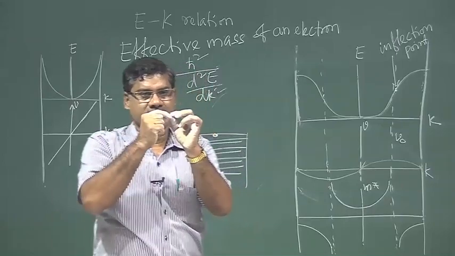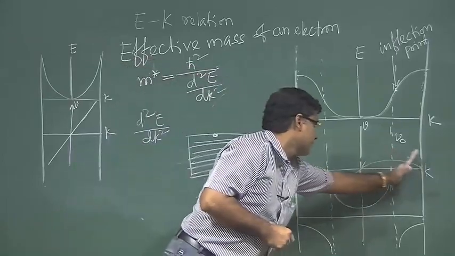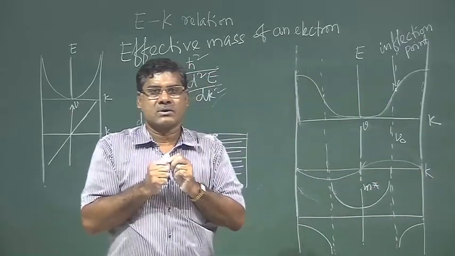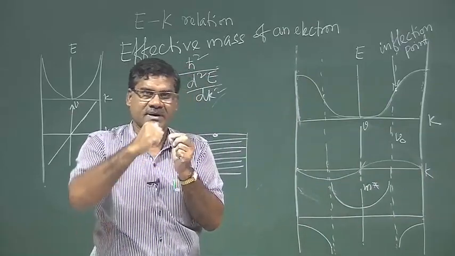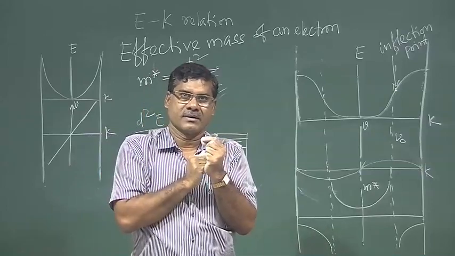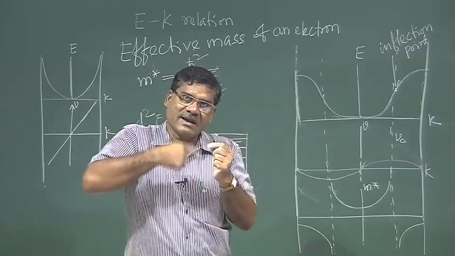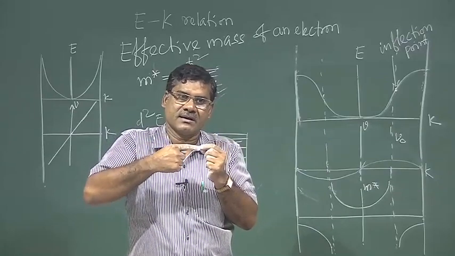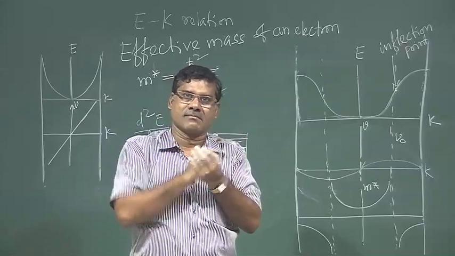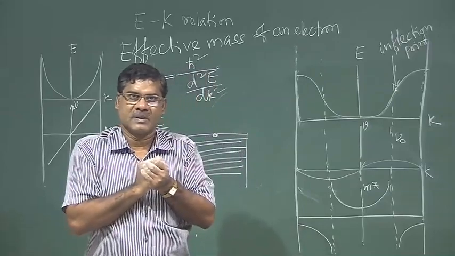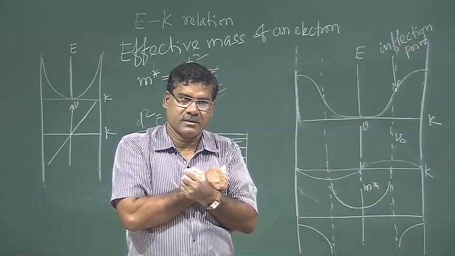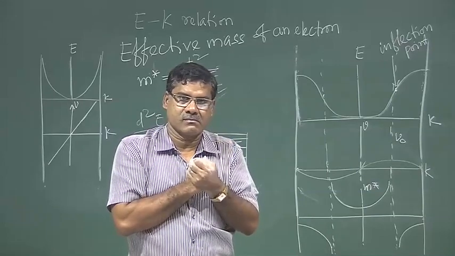Now, suddenly after this point its velocity is decreasing. Its velocity decreasing means some deceleration is working on it. If it is accelerated, its velocity will increase, then it is decreasing. Now, there is a deceleration, there is a force on the opposite side on that electron.